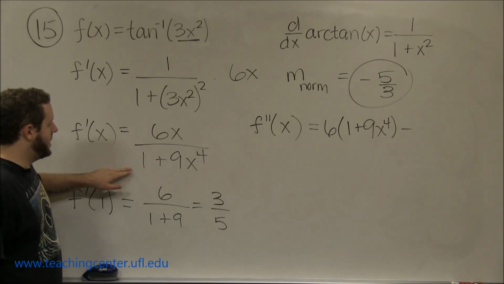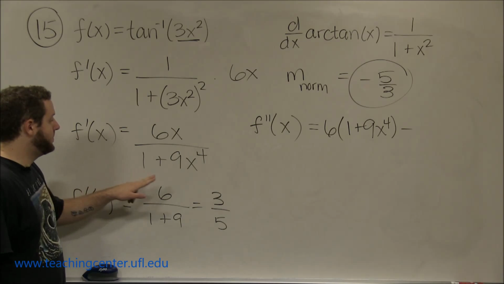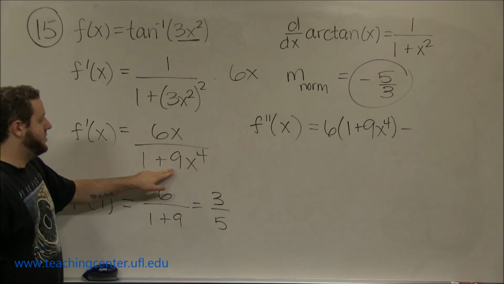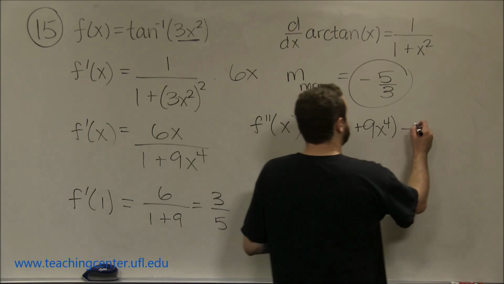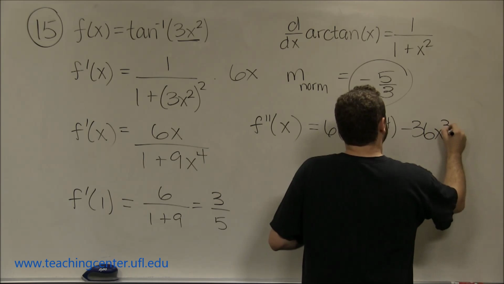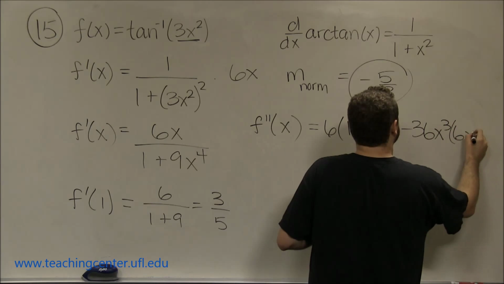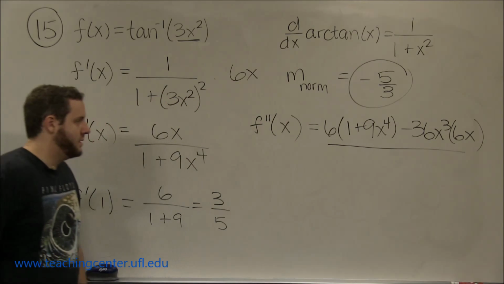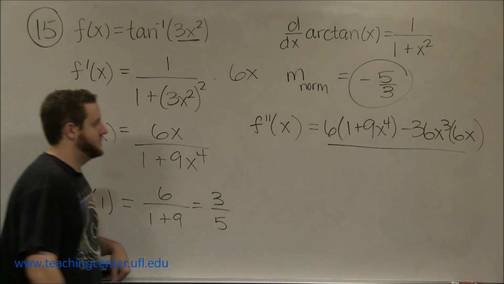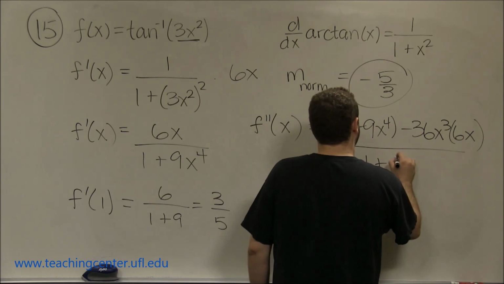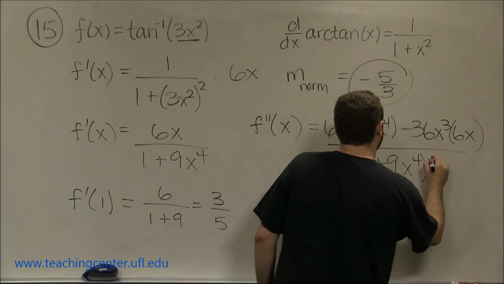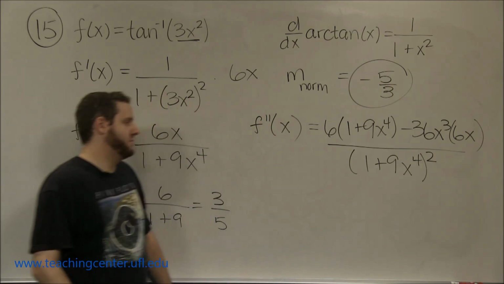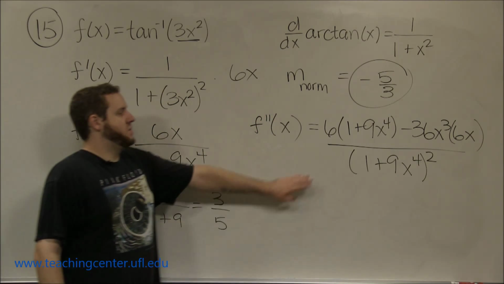So the derivative of the bottom would be 0 here for the 1. This would be 4 times 9, 36x cubed, times the top, which is 6x. All divided by the bottom squared. So 1 plus 9x to the fourth squared. So that's our quotient rule.